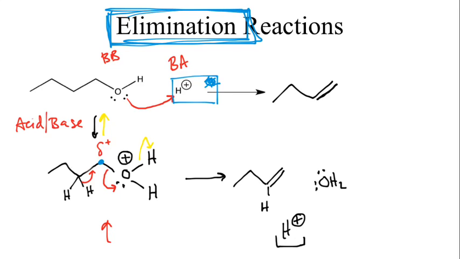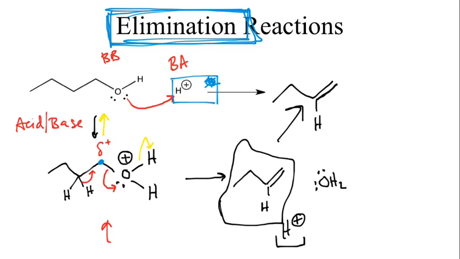And if we now compare what we decided was our final organic product to what we guessed was our final product, wow, those look awfully similar. In fact, the only difference between these was that I didn't draw the hydrogen. That hydrogen ended up being implied.